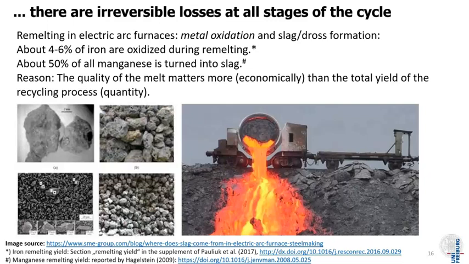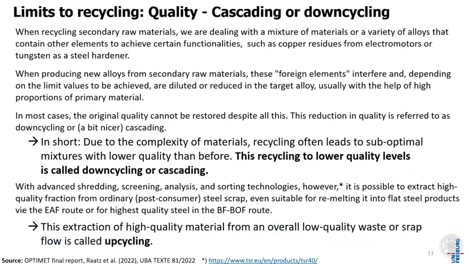So we accept that some losses happen at the remelting stage, which means that strategies that avoid remelting, like reuse, lifetime extension, or remanufacturing, have an additional benefit. They reduce the loss in the recycling loop, and at the same time also they save the energy of the remelting.